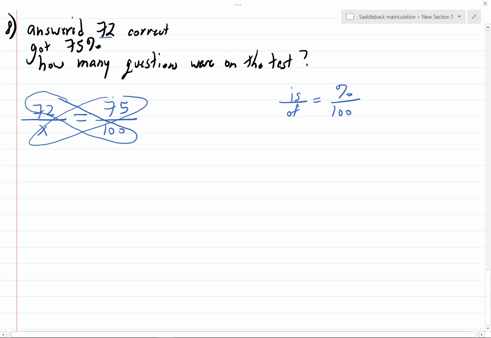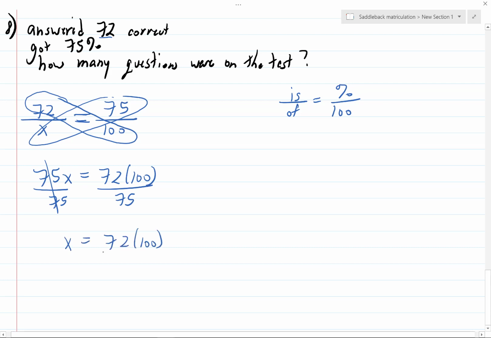So if you have an equation, you can do that: 75 times x equals 72 times 100. And then to solve for x, just divide both sides by 75 so that x will equal 72 times 100 over 75. And you could just keep hacking away at this to simplify. I can divide the top and the bottom both by 25.